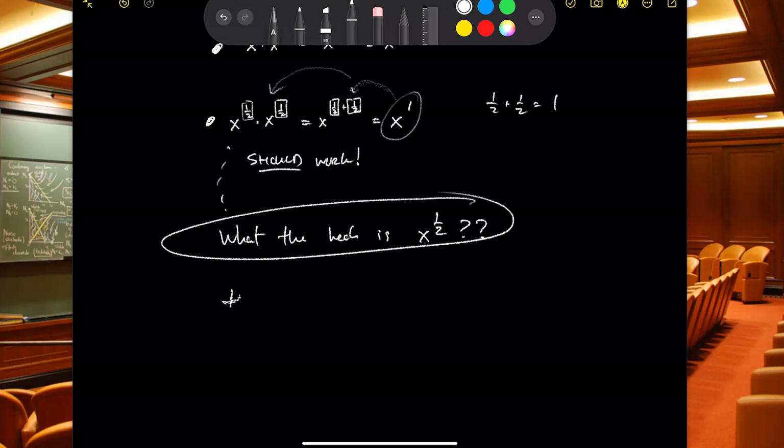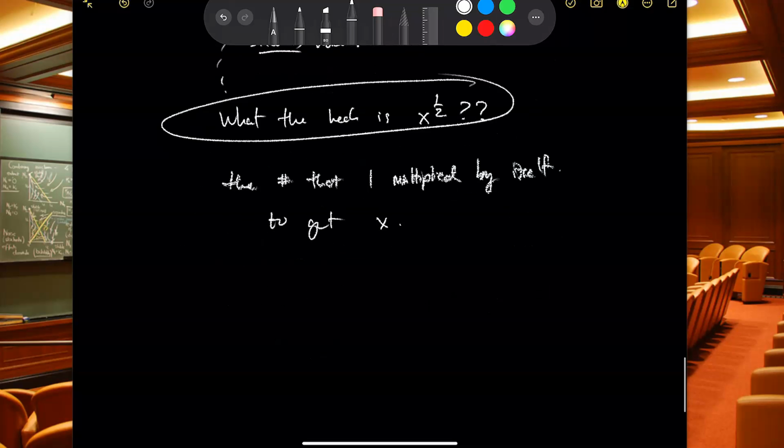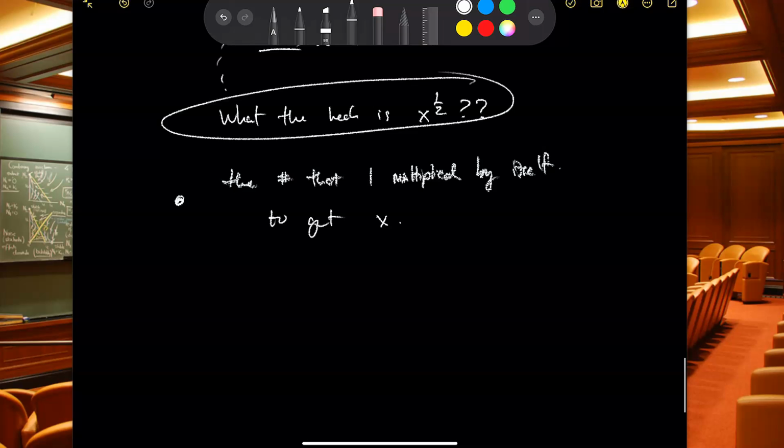Well, it means the number that I multiply by itself, because this is the same as this, to get x. Well, what is that? Let me give you an example. What is the number I multiply by itself to get the number 4?